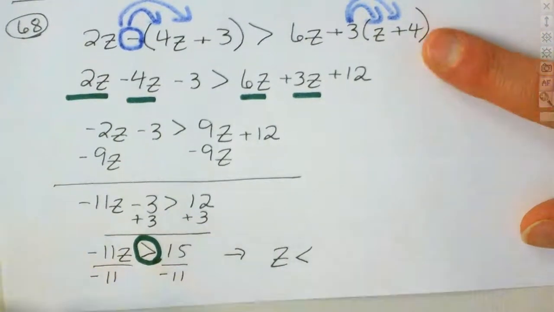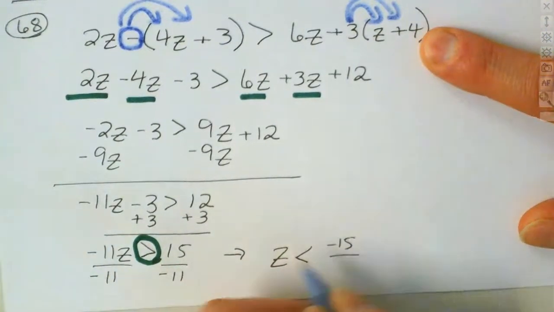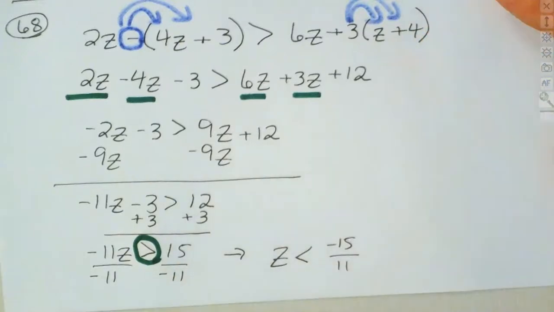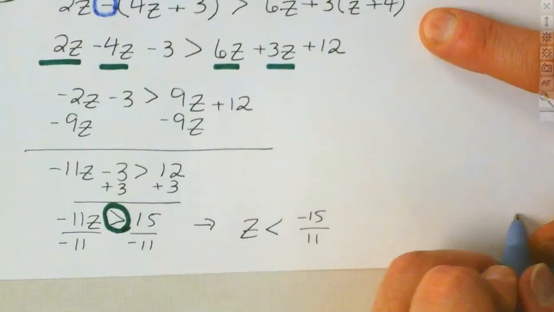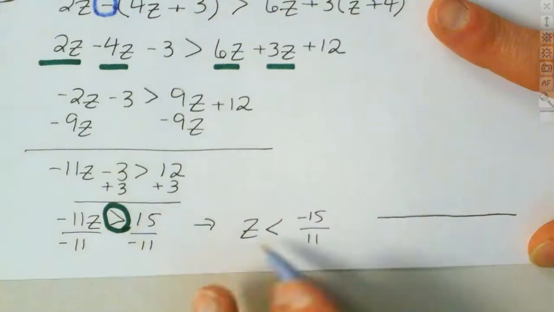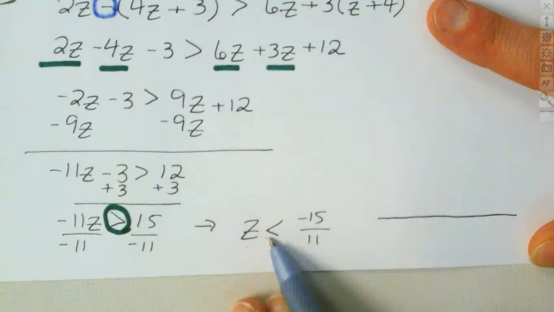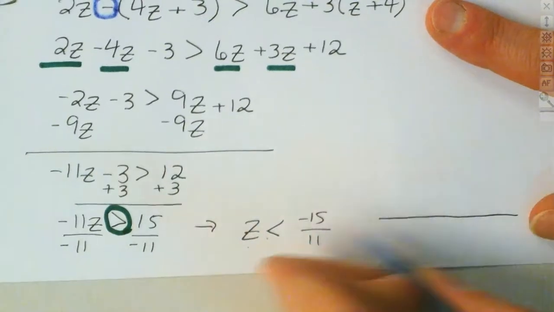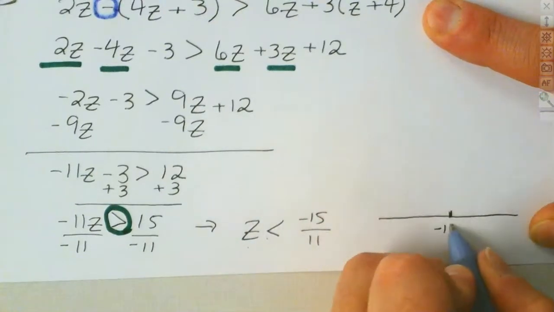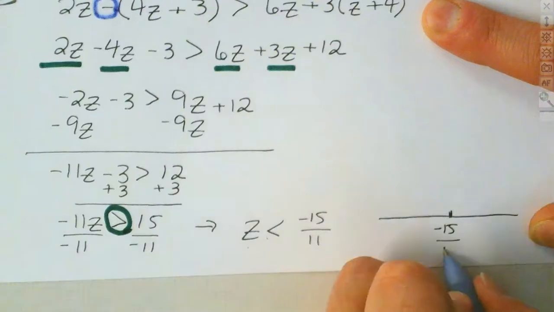15 divided by negative 11, well, that makes it a minus 15 over 11. It's on the left, which is what we want. Which way does it point? To the left. The way it points is the way that you shade. So that is a minus 15 over 11.